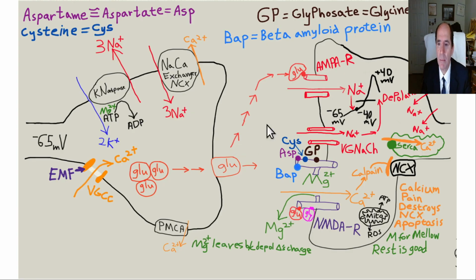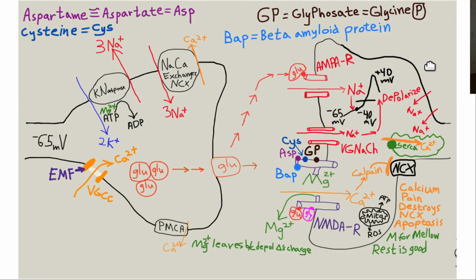Okay, so a little bit more about what excitotoxicity is all about. Here's another synapse in more detail. Here you've got the voltage-gated calcium channels opened up, letting calcium into the cell, causing the glutamate in the neurotransmitter vesicles to travel to the plasma membrane and be released by exocytosis into the synaptic cleft. And then the glutamate travels to the postsynaptic neuron.